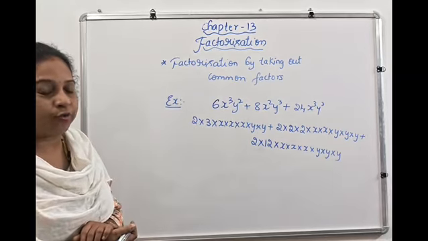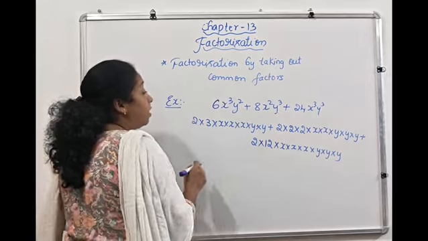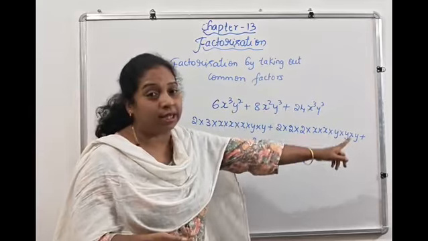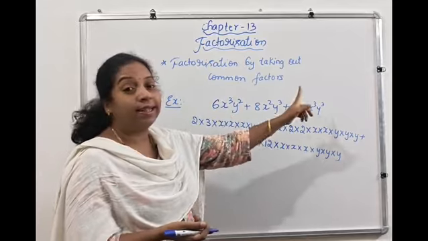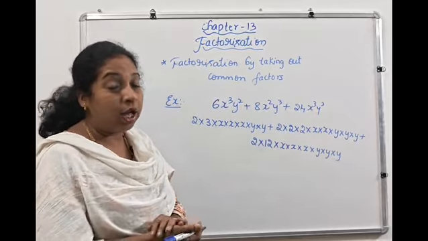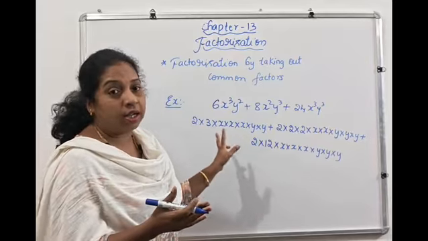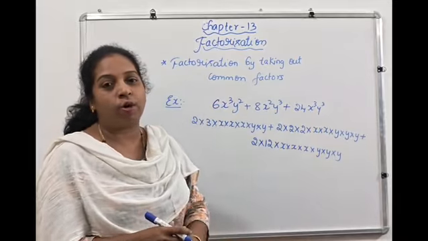Now we have to find the common factors in all the 3 terms. Not only if you find 2 terms common, we should not take it, because this is a trinomial.